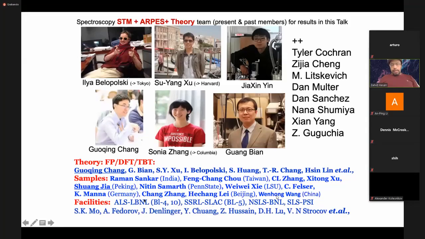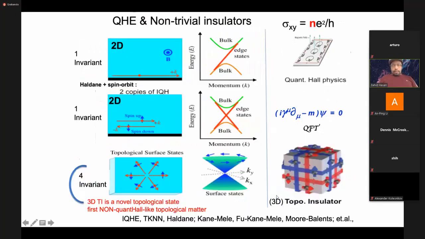I'm also affiliated with LBL. We also have limited use of NSLS and also SLS, and staff scientists there are a wonderful resource for us and fantastic collaborators. Okay, it's a lot of collective effort.